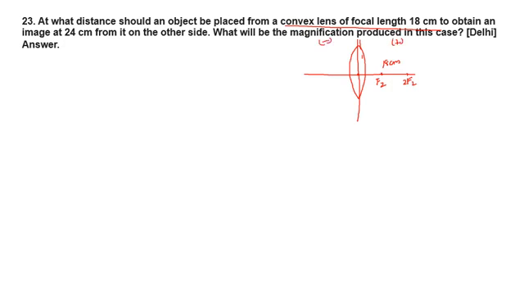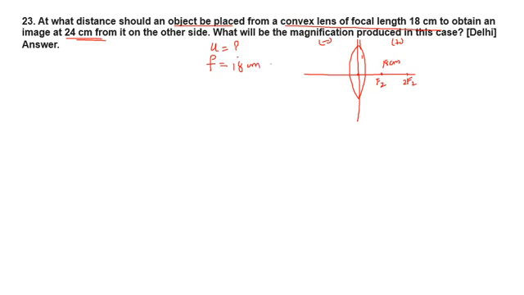To obtain an image at 24 centimeter, what distance should the object be placed? So we should find out the object distance, that is, we should find out u. They have given focal length f equal to 18, and it should be plus.